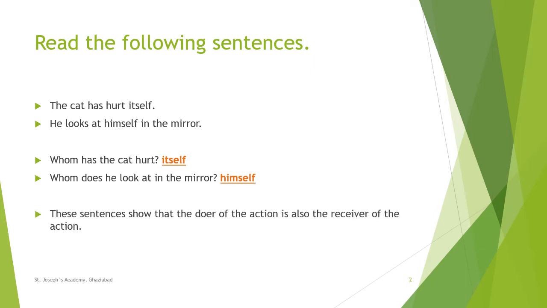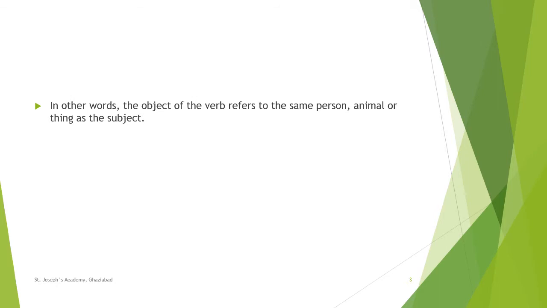So, in these sentences, they show that the doer of the action is also the receiver of the action. In other words, we can also say that the object of the verb refers to the same person, animal, or thing as the subject.